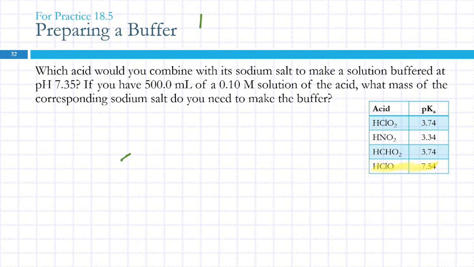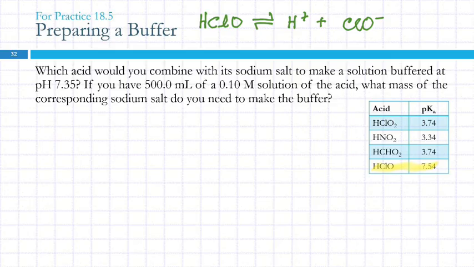So remember, HClO is going to ionize. It's a weak acid, right? And it's going to make hydrogen ion and hypochlorite ion. This is the acid, and so then we need to add the conjugate base as well.